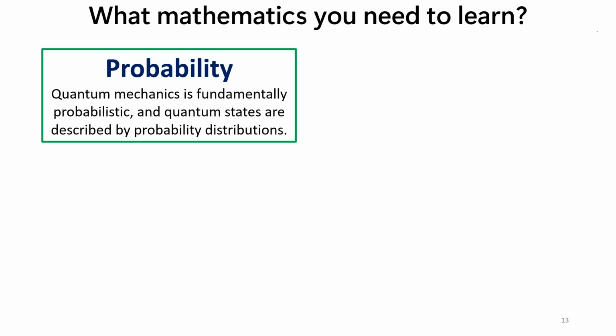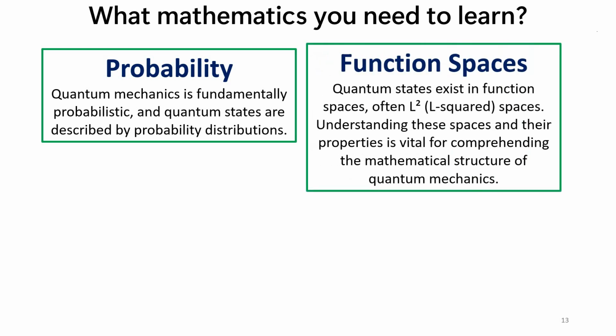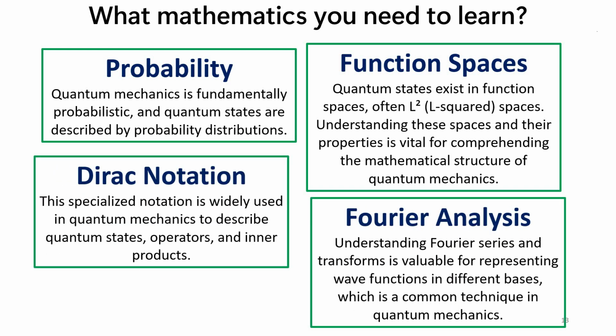So you need an understanding of probability and statistics, because concepts such as expectation values and probabilities are very central to quantum mechanics. Function spaces, this is also very important, and Dirac notation, the specialized notation, including Fourier analysis, which would be important. I have already made a video on Heisenberg's uncertainty principle and Fourier analysis, and how all of this is related.